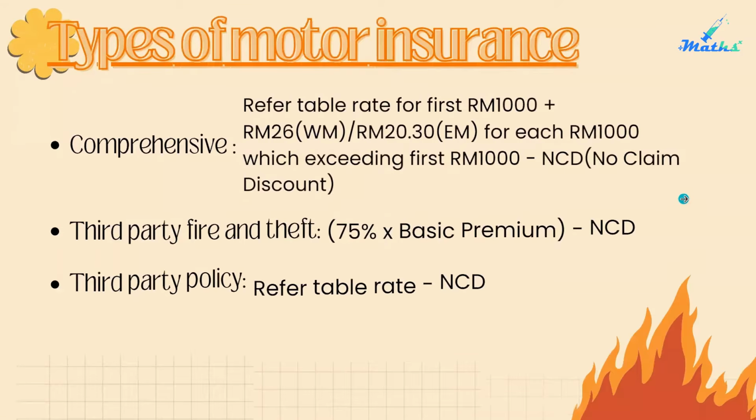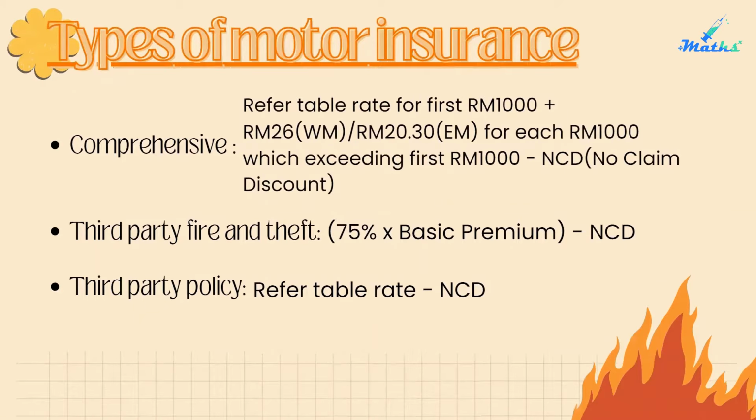Next will be the types of motor insurance. We have three types of motor insurance: comprehensive, third-party fire and theft, and third-party policy. Here is the calculation for them. For comprehensive, we need to refer to the table first for the first 1,000.